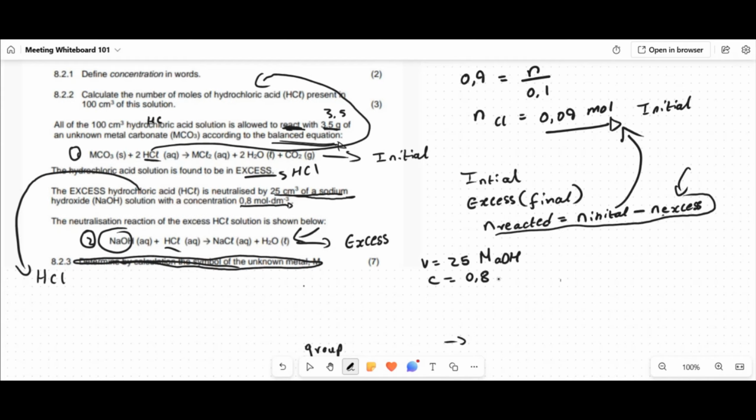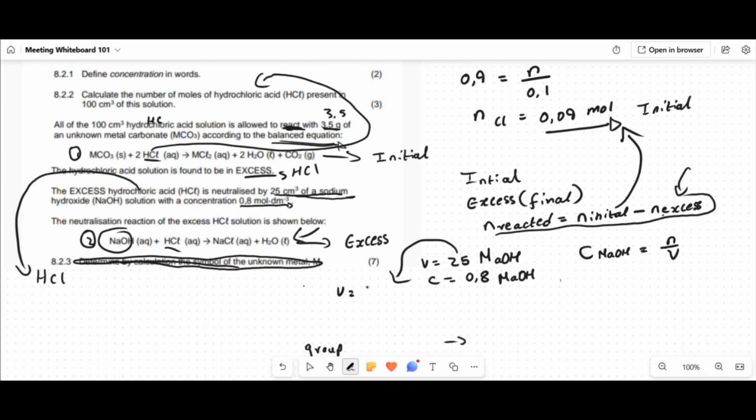0.8. Here we can find the number of moles of sodium hydroxide by using the equation: concentration of sodium hydroxide is equal to n over V, right? But you know that we work with cubic decimeter. That is what I told you, which means you are going to convert this.